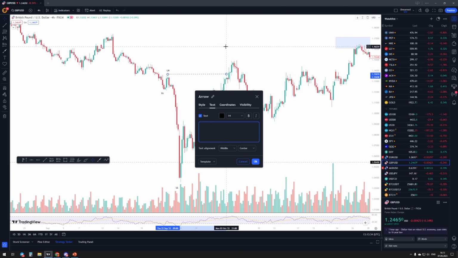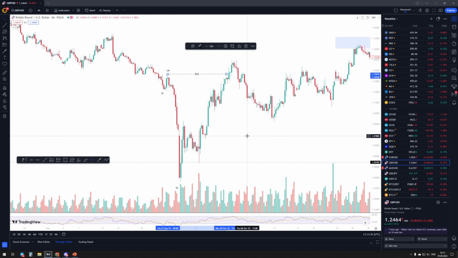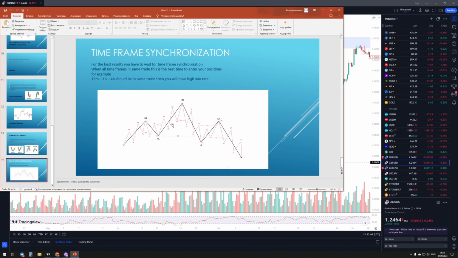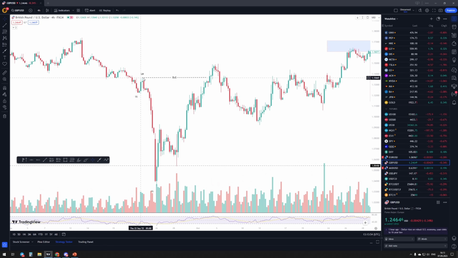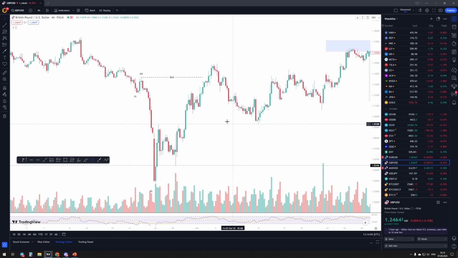As you can see on the real chart, it's sometimes hard to identify structure, because it's not like I show you here. It's very hard to identify, but as soon as you get enough experience, you will be able to do it easily.